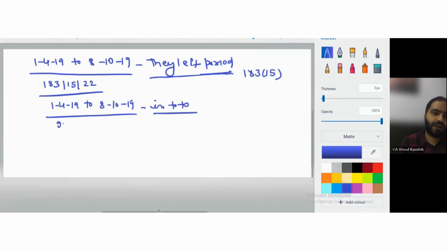But from 9th of October 2019 to 31st of March 2020, subject to conditions.